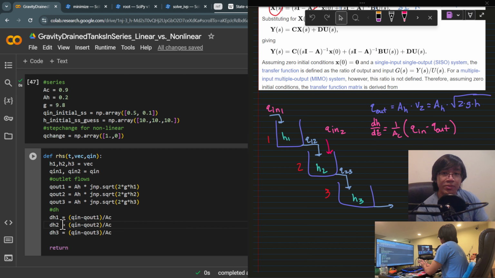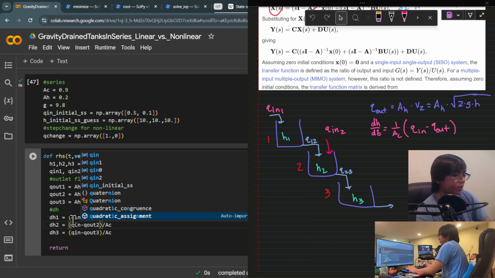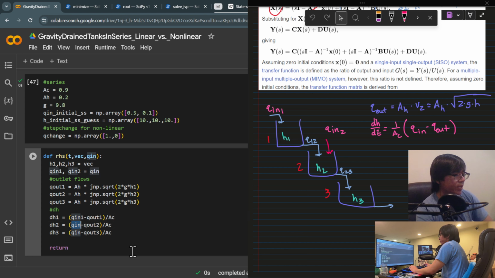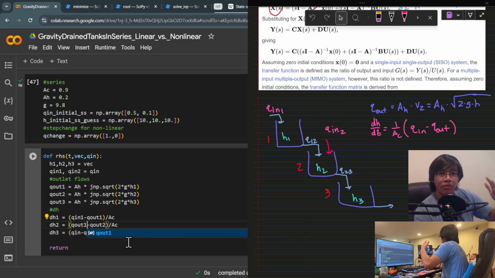But for the second tank, you see we have a second inlet flow, so normally you have the outlet flow from the first tank being an inlet. So this is Qn1, Q out 1. And that's our outlet flow from the first tank as an inlet flow to our second tank.